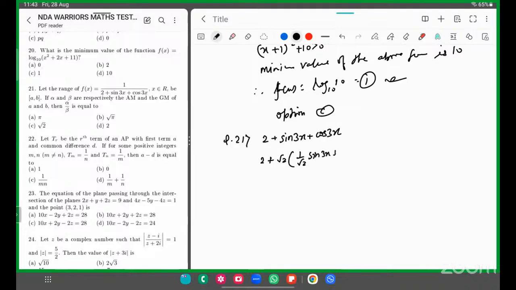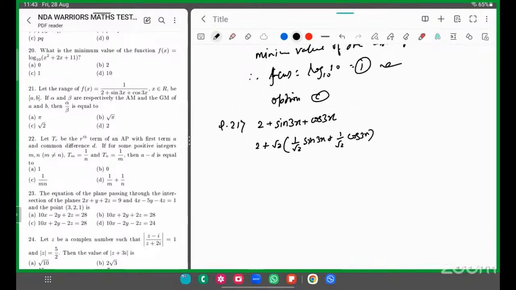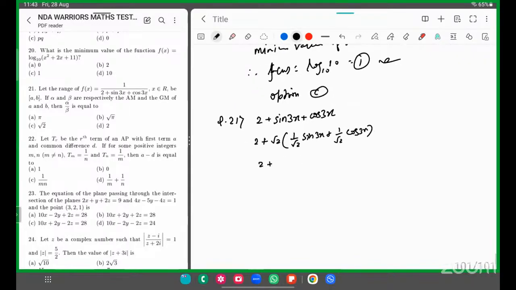It becomes 1 by root 2 sin 3x plus 1 by root 2 cos 3x, then 2 plus root 2, it can be written as sin a cos b. That means 2 plus root 2 sin of 3x plus 5 by 4.